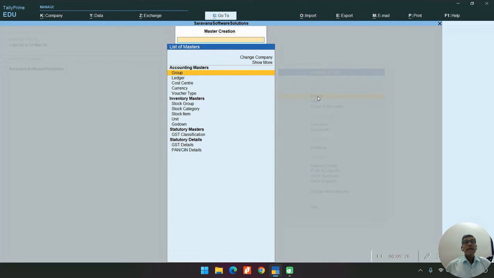Then the next is cost center. Yes, cost center. A cost center is similar to a separate department to which the cost can be allocated, either in terms of production or in terms of services.